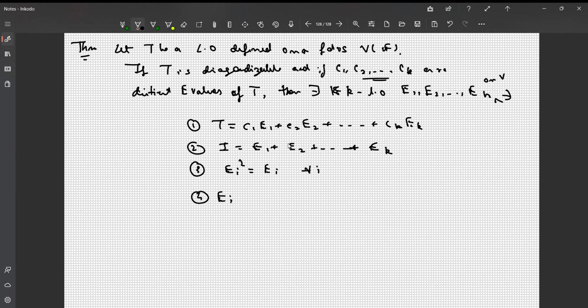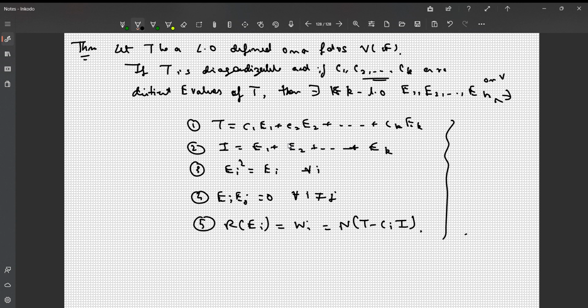Number 3, each Ei is a projection operator, so Ei squared is equal to Ei for all i. Number 4, Ei Ej is equal to 0 for all i not equal to j. And number 5, which is again obvious, the range of Ei is W, or we can say this to be the null space of T minus ci I. So these are the observations we have.